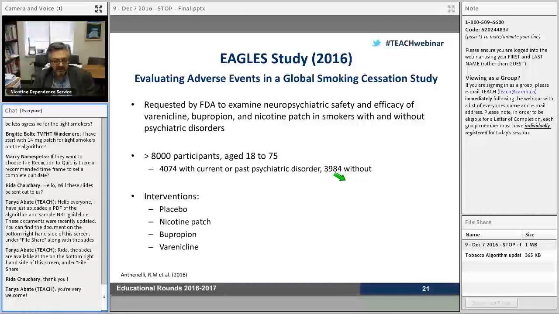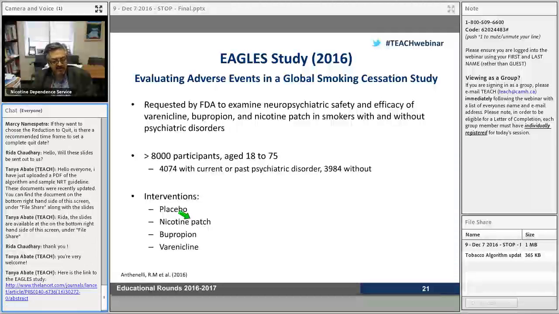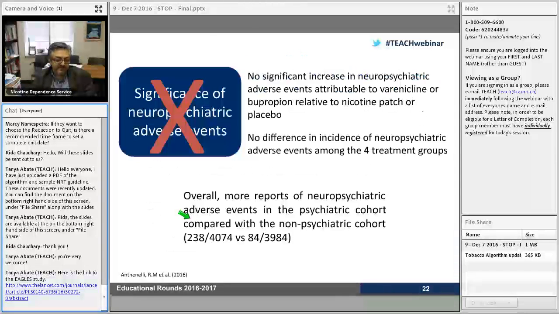What are the interventions? People were randomized in a blinded fashion to either placebo, and the placebo was either a placebo patch or placebo pills, nicotine patch, Bupropion, or Varenicline in standard doses. So everybody was getting some sort of patch, either a placebo or active patch, and or Bupropion and or Varenicline.